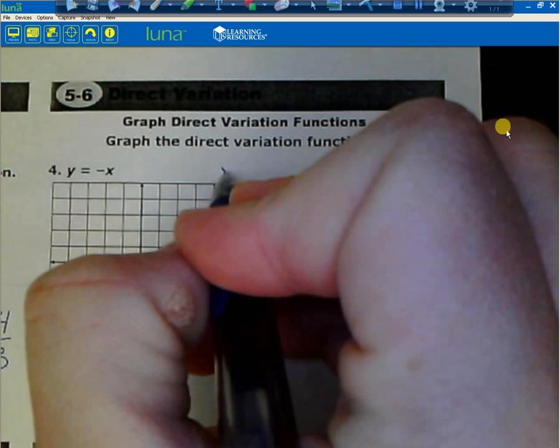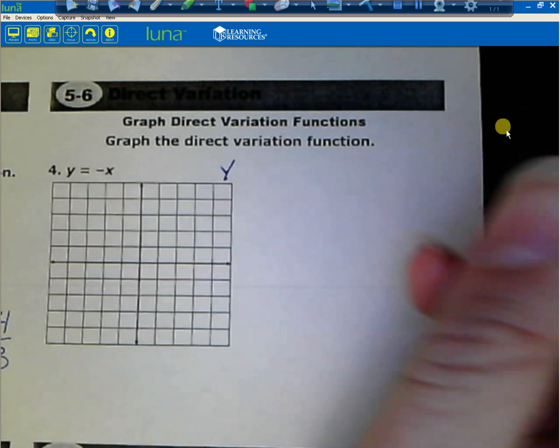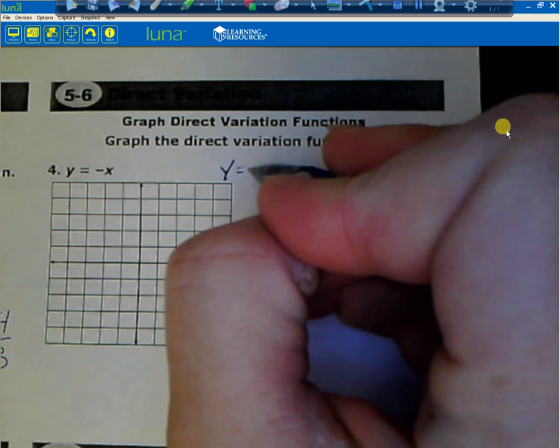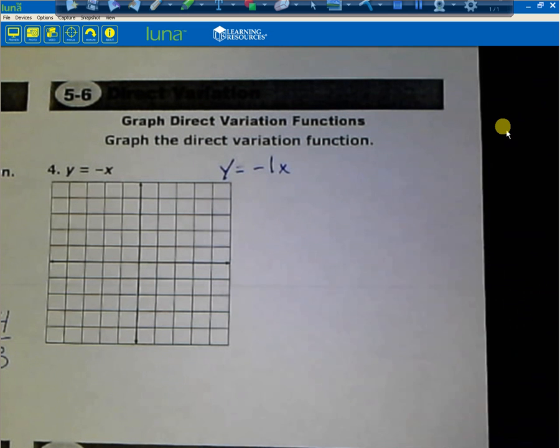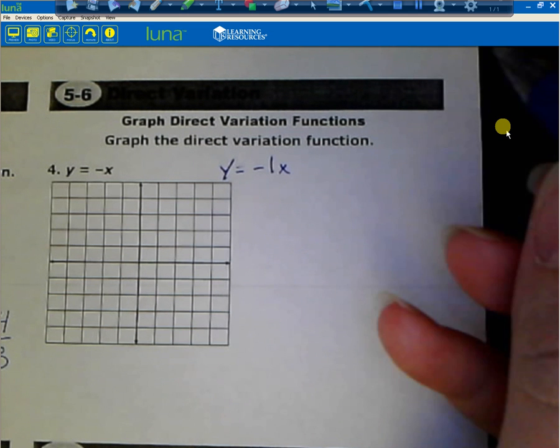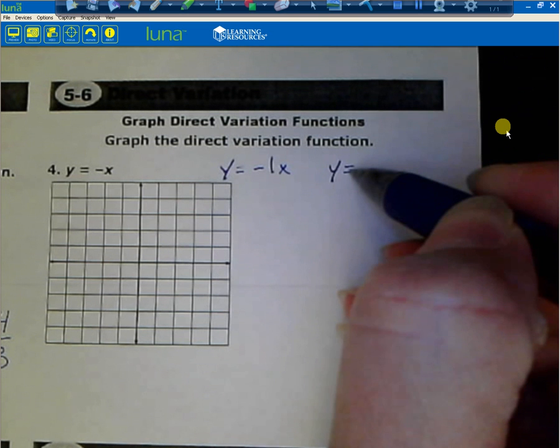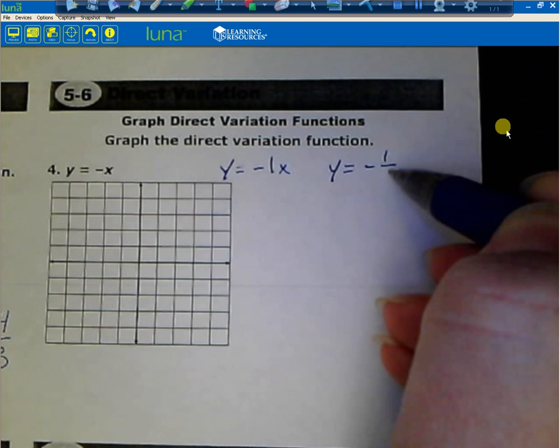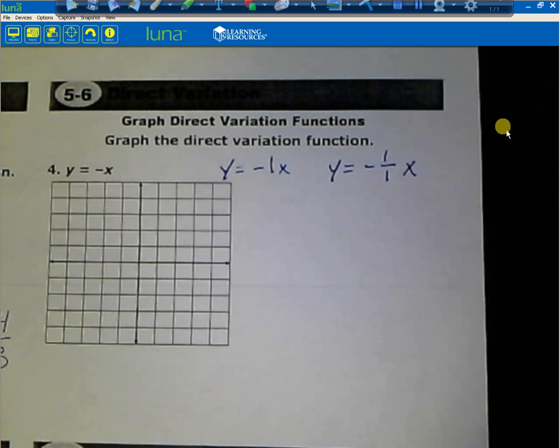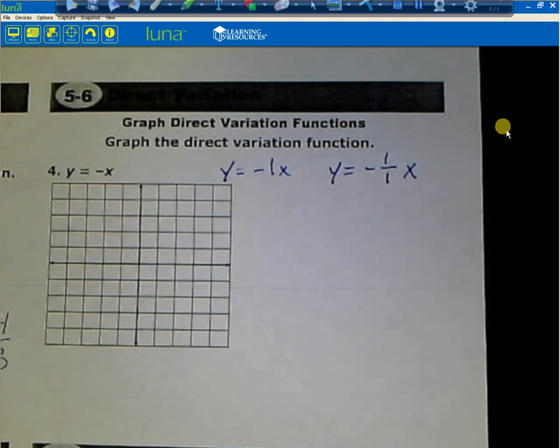So this is the same thing as saying y equals negative 1x. If I have to write negative 1 as a fraction, I'm going to write that as negative 1 over 1x. So that is going to be my direct variation equation here, y equals negative 1 over 1x.